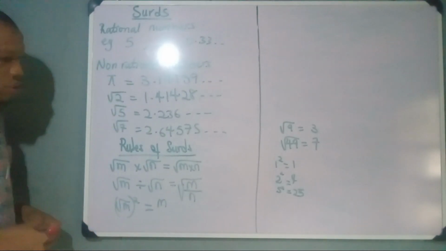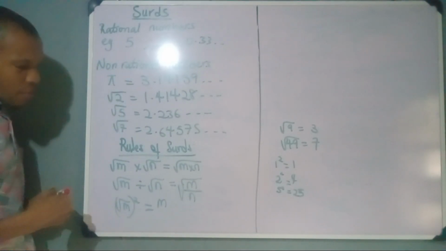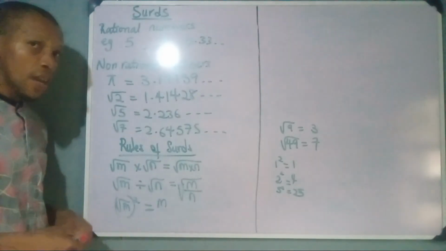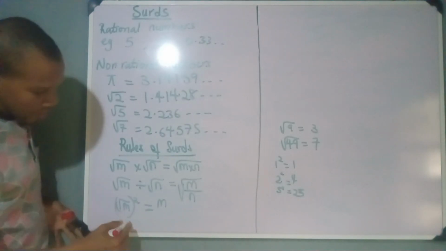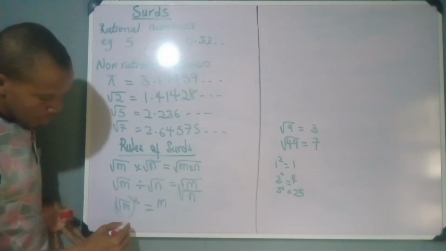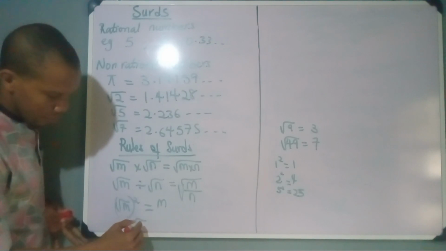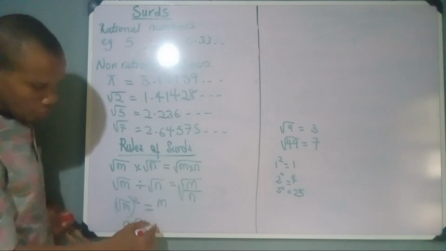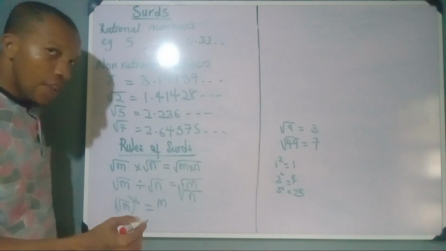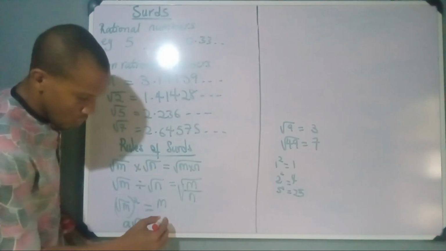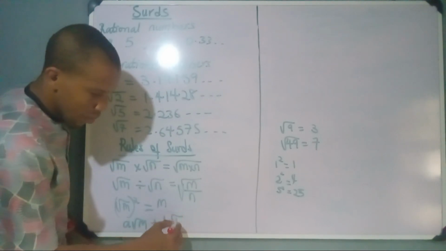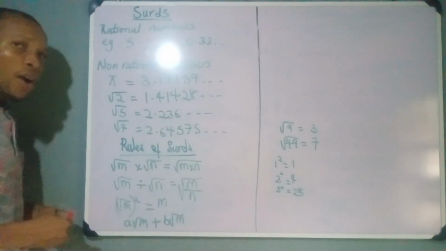Now, if you have like surds, what are like surds? If I have a root m plus b root m, these are like surds. How are they like surds?